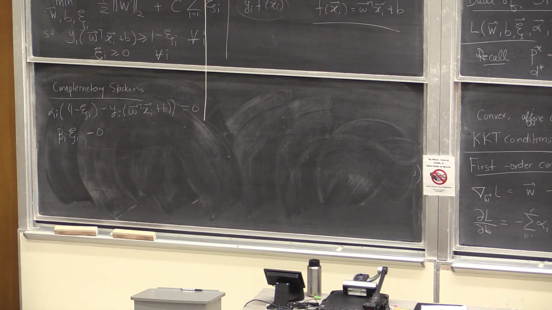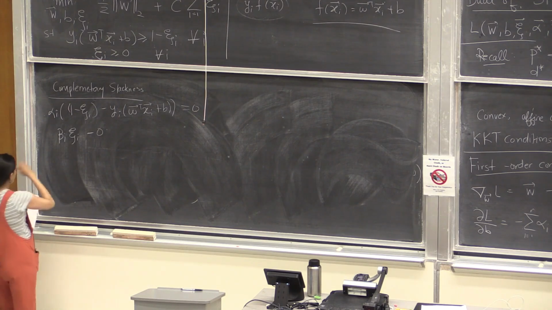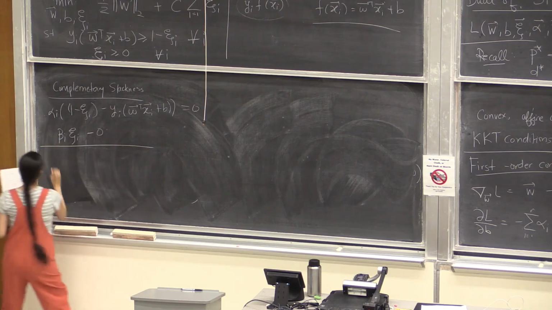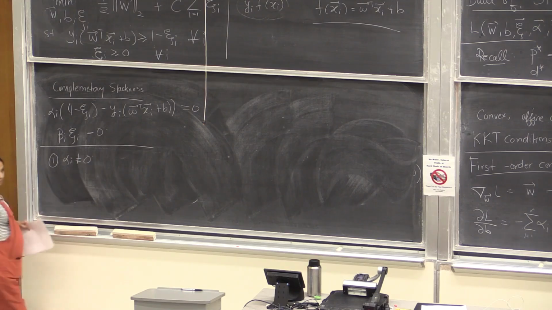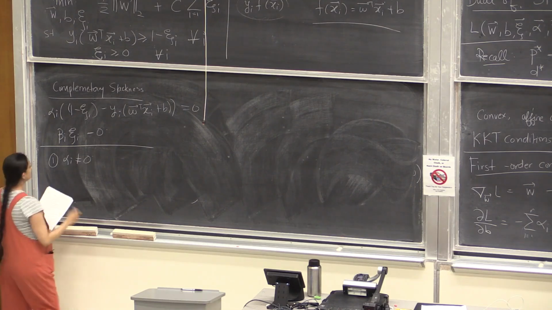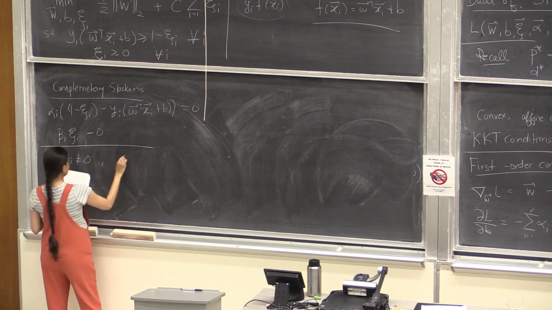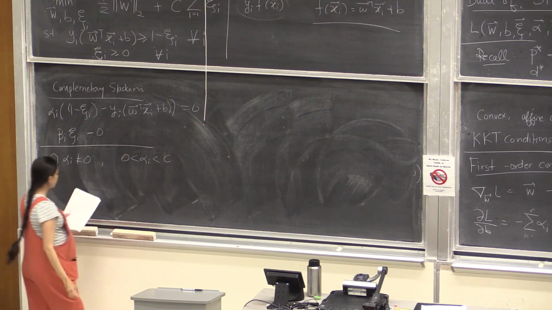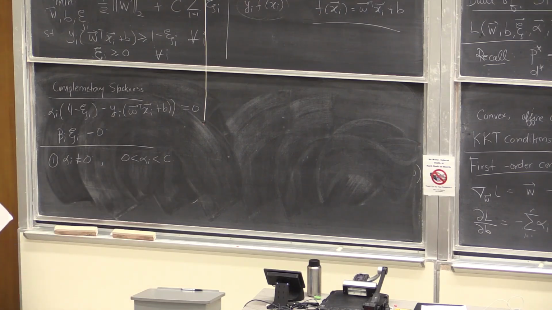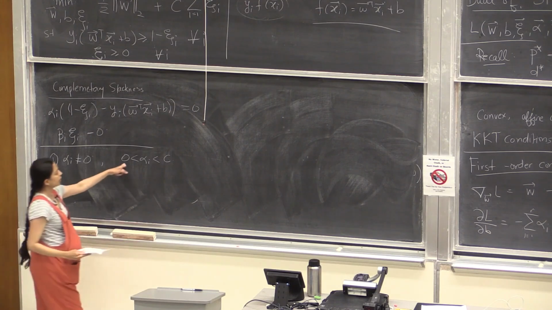So now, let's consider the following setup. First, let's say alpha i is not equal to 0. That means that training data point is showing up in that optimal W. And let's further consider the case that 0 is less than alpha i is less than C. What can I conclude from this?